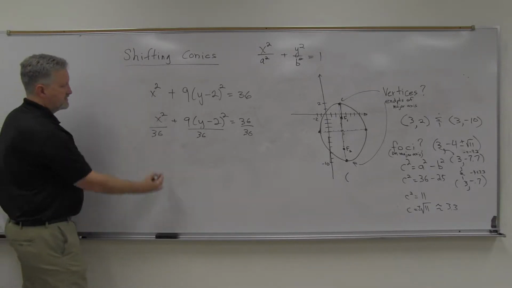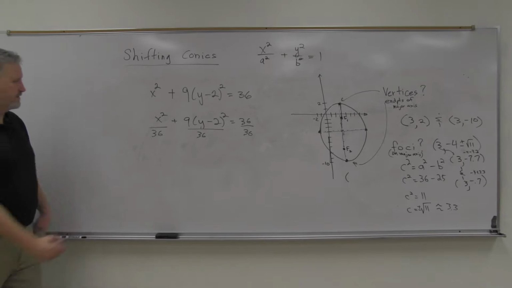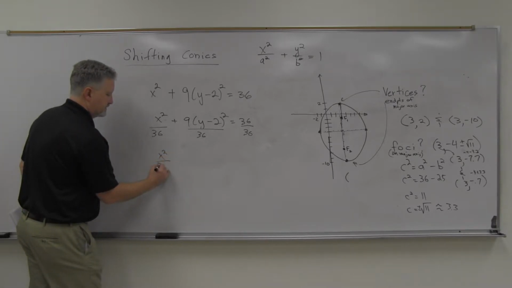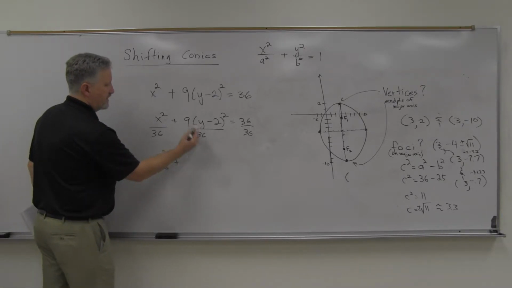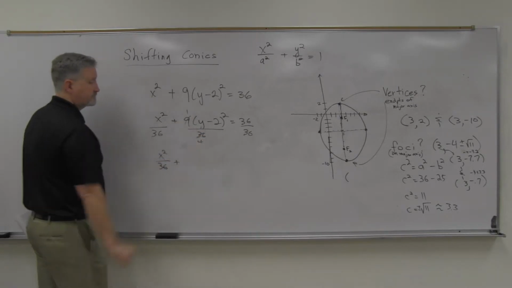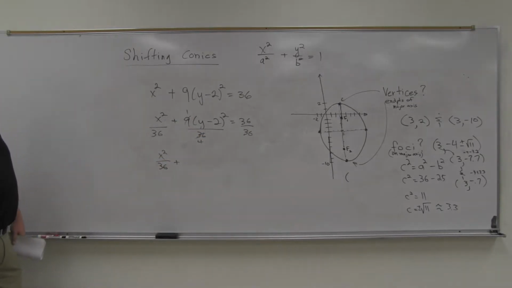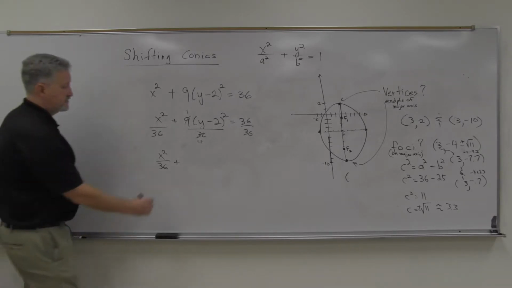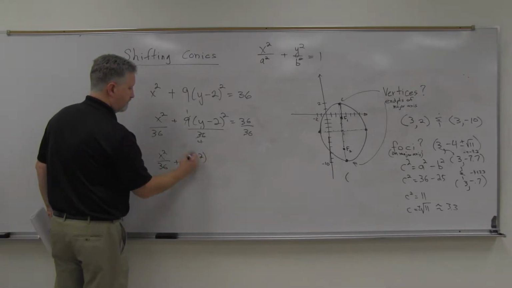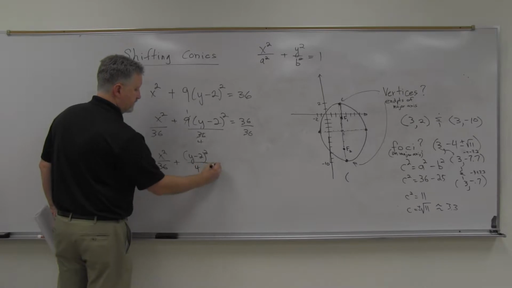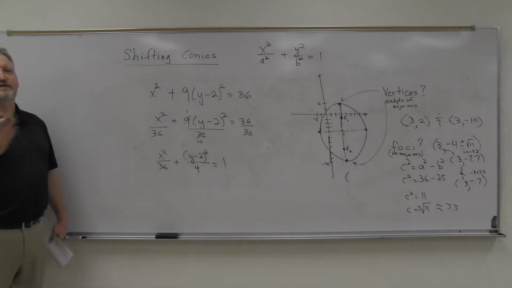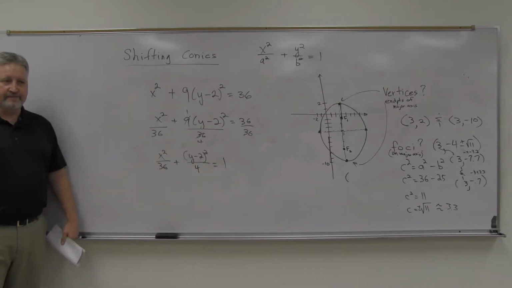If I simplify this side, it'll be x squared over 36 plus, what happens here? Cancellation. The 9 goes into 36, so that leaves me y minus 2 squared over 4 equals 1. And so that makes it hopefully clear that that's an ellipse.